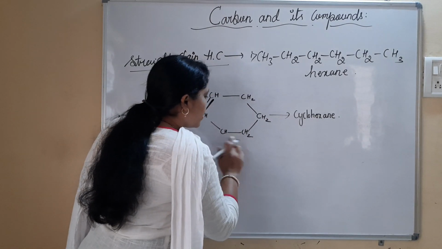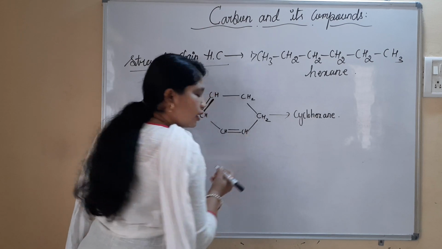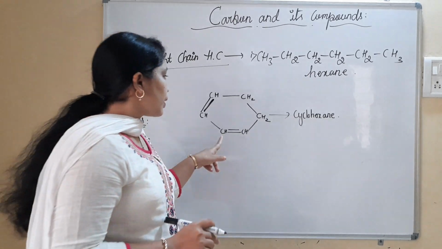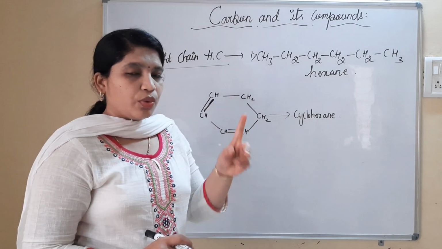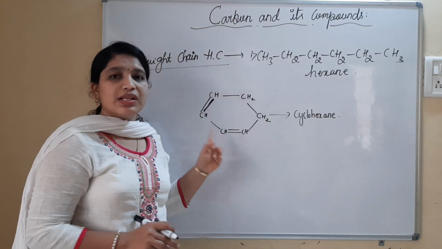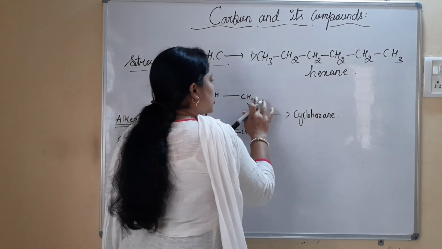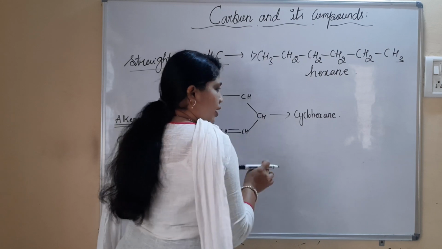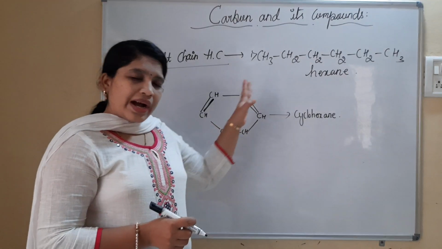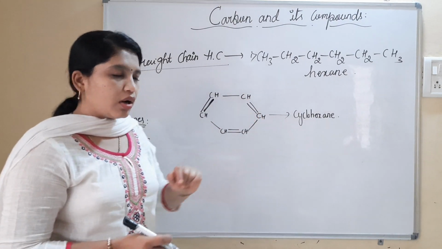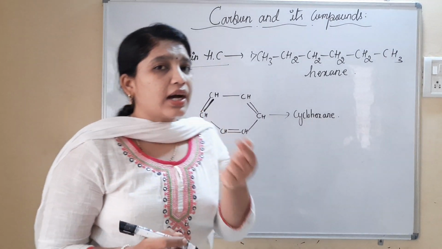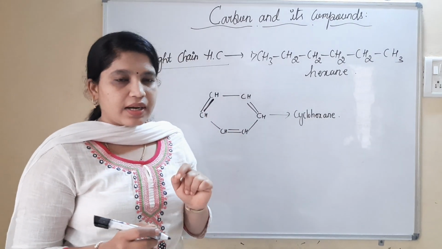Similarly, you can do between these 2 also. You can do here. Along with that, while making such modifications, the valency of carbon should not be altered. Carbon must get 4 bonds. Keeping that in mind, we must make the changes. So here also, what I do is replace 2 hydrogen atoms and put the double bond. Why did I do it on alternate carbons itself?